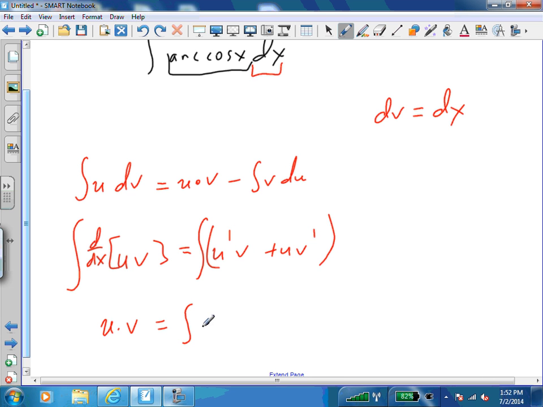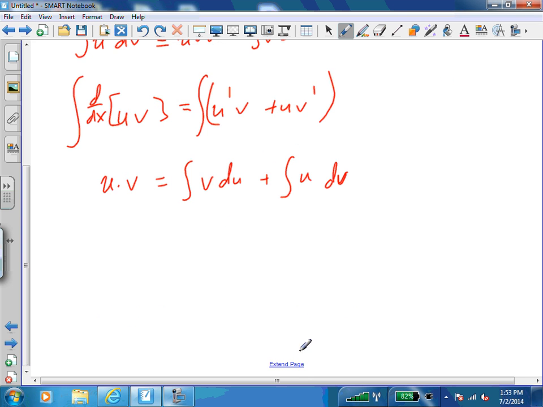In terms of an integral, instead of calling it u prime, call it du. Instead of calling it v prime, we can call it dv. So if we subtract v du from both sides, then the integral of u dv is u times v minus the integral of v du. And it's just a way of picking apart certain pieces of our integral and writing it into something else that we know how to integrate.